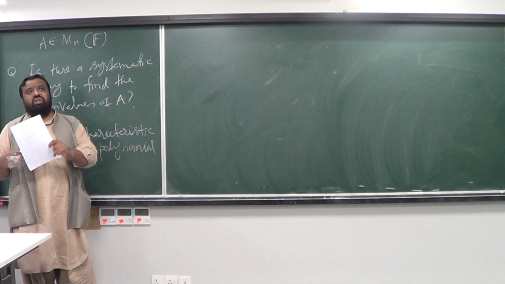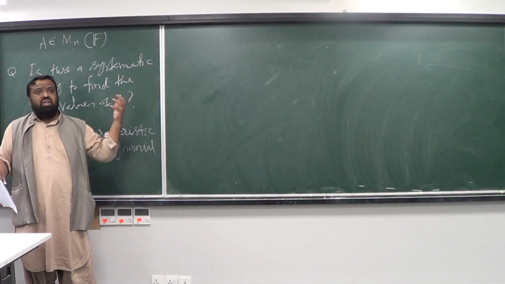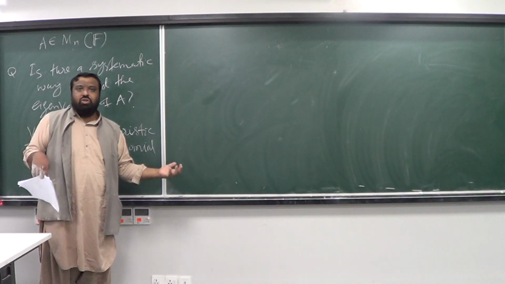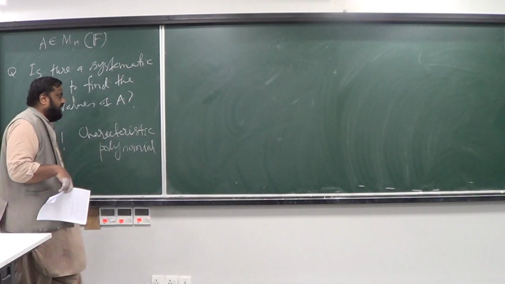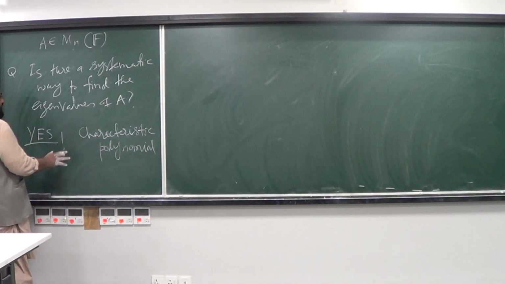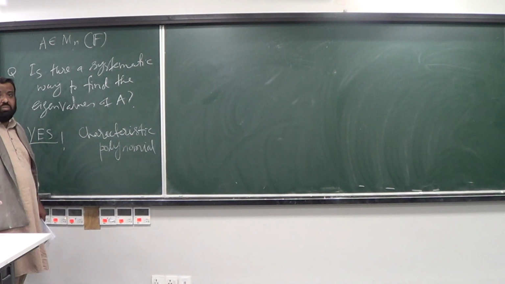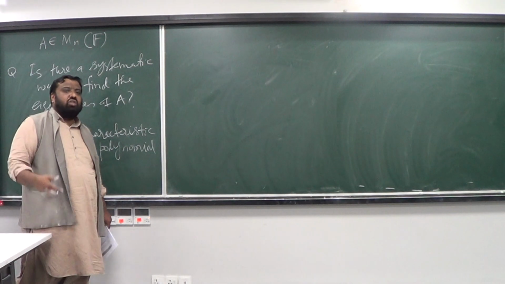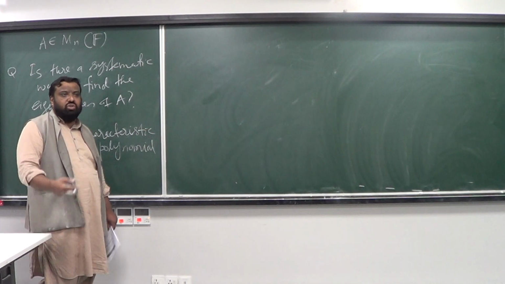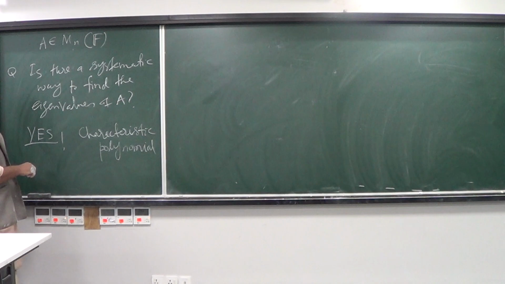If there is an eigenvalue, it must be a root of the characteristic polynomial, and all roots of the characteristic polynomial are eigenvalues. This is the one systematic way. Whenever you try to find the eigenvalues of a matrix, find its characteristic polynomial and solve it. Whatever the roots are going to be the eigenvalues of the matrix A.